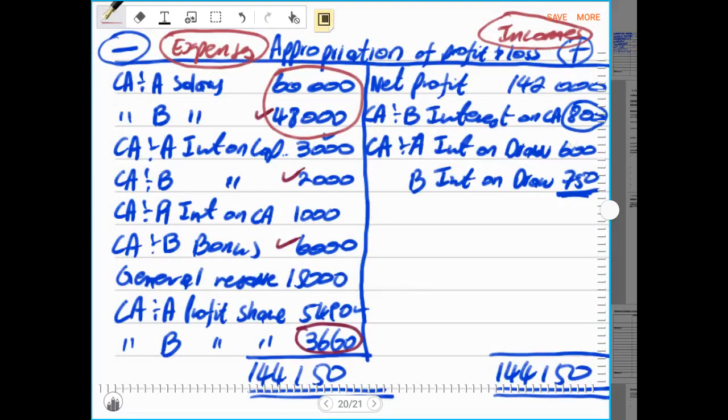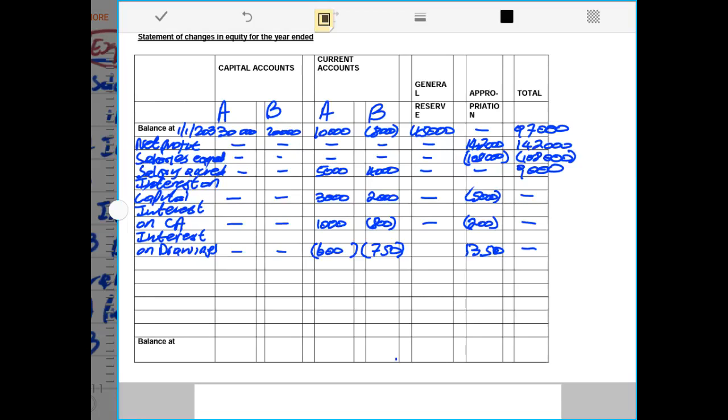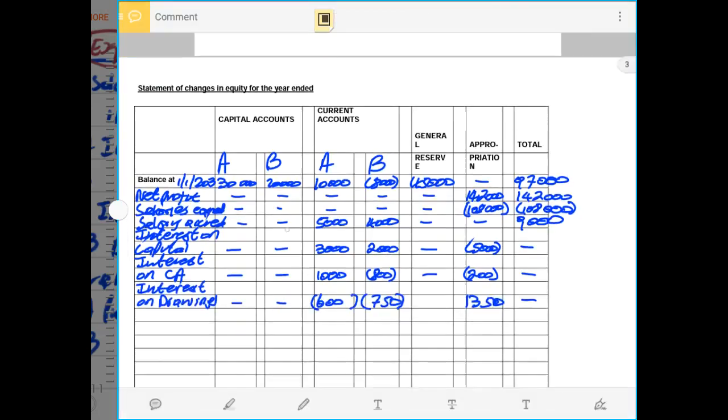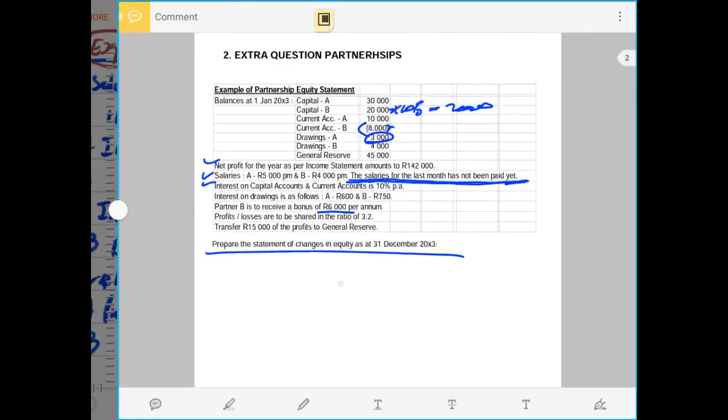On the credit side, there we had interest on drawings and the interest on drawings. So there is definitely a link between the two. Then we continue recording the next entry, and the next entry will be a bonus.